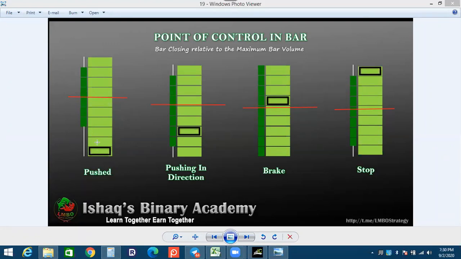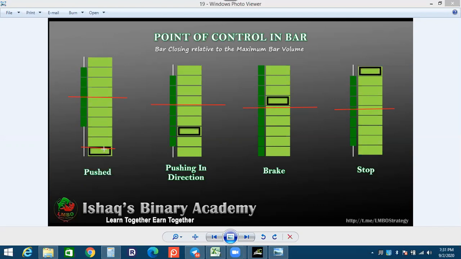Each and every candle has a name, like a pattern, like engulfing candle, hammer, inverted hammer. We call these candles by names. So in Delta River each candle has a name. We take decisions, and when we talk about a candle we use its name. So when the volume is increased at the bottom of the candle, it can be called a pushed candle.